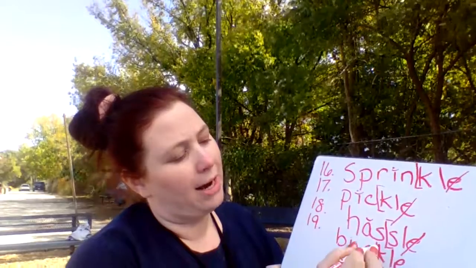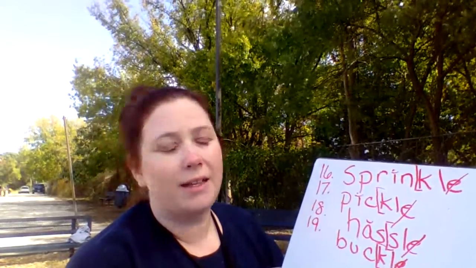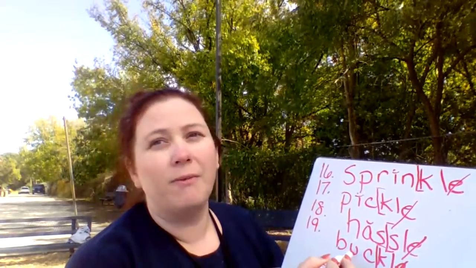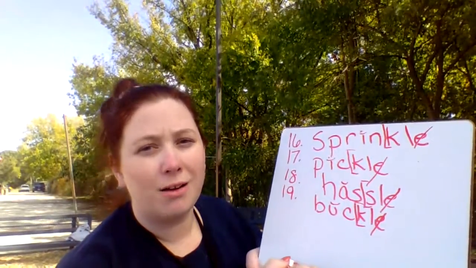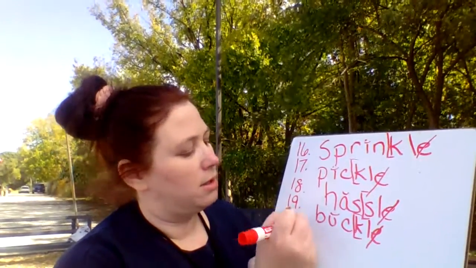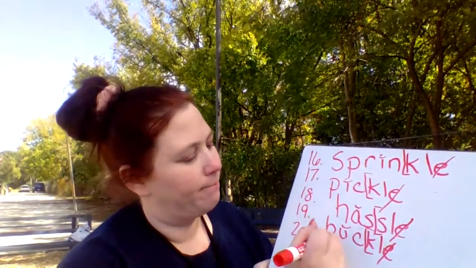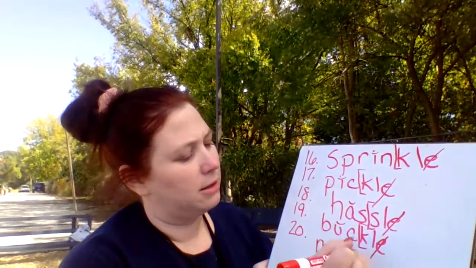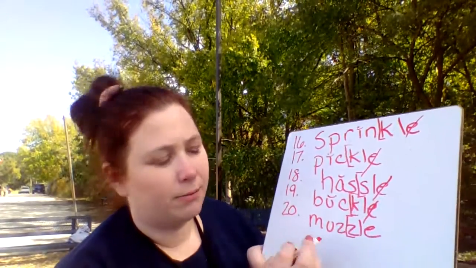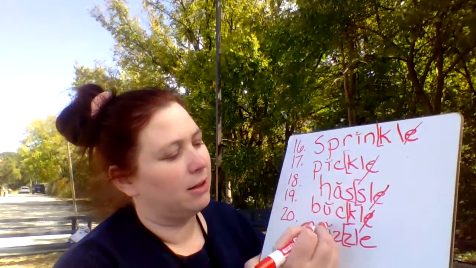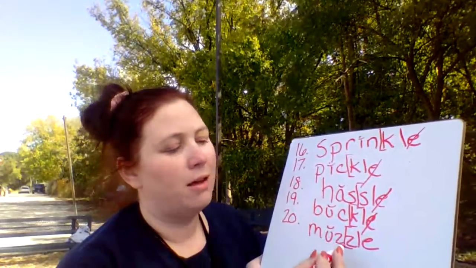Again, bracket, cross off that E. We have vowel consonant, gets the brev, buckle. Number 20, muzzle. Bracket between those double letters, vowel consonant, gets the brev, muzzle.